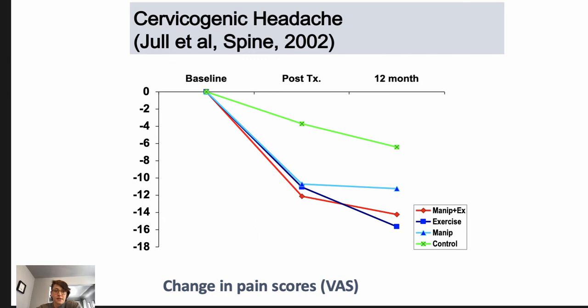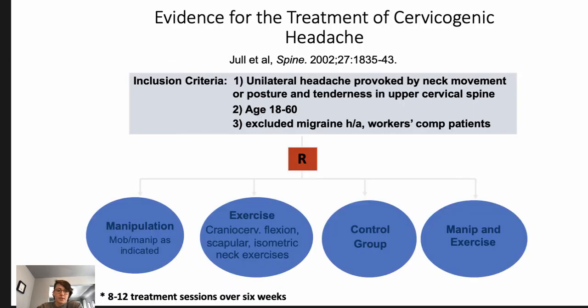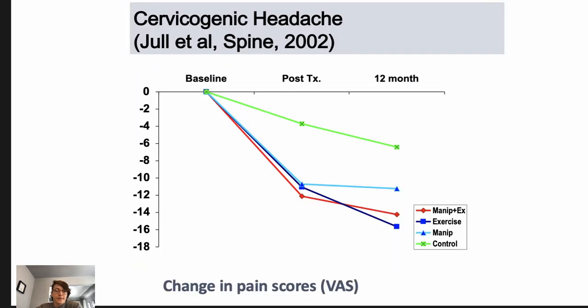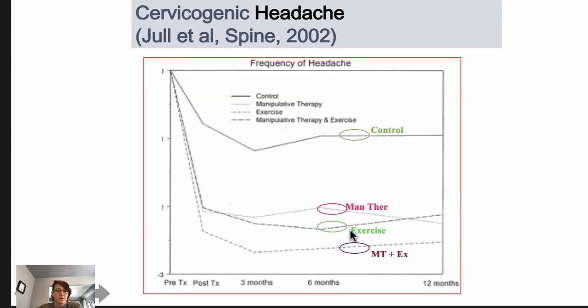And so here you see the change scores. They were treated over 6 weeks. So the baseline to 6 week outcome, you can see the control group here at the top, and the rest of the groups are down here, pretty similar in their change in pain scores.